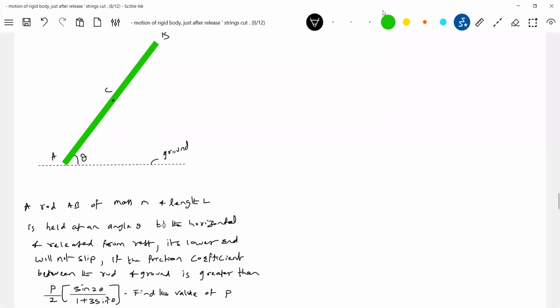That value of mu is what we have to find. If mu is less than that, it will slip, and greater than that, it will not slip. Now, I think we have covered enough background, how to assume the direction of friction. Okay, let's get into the problem.